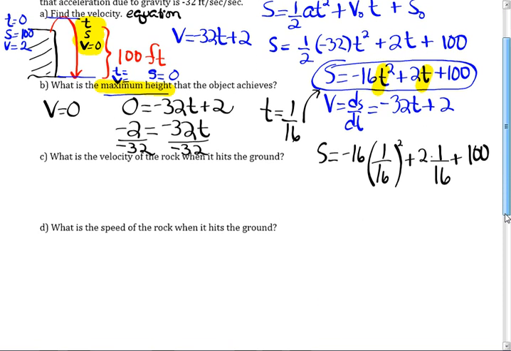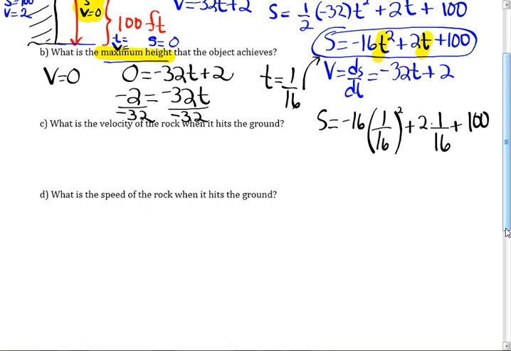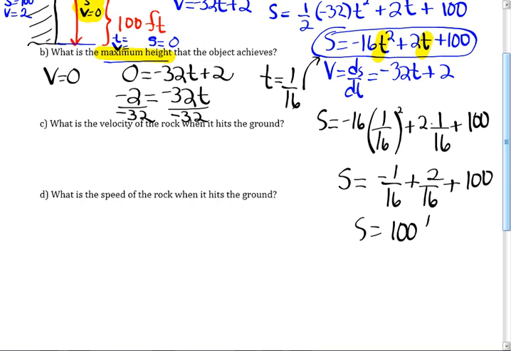Now it turned out nice numbers because the 16 will cancel with one of those, so I'm left with a negative 1/16 plus 2/16 plus 100. So that's going to be s equals 100 and 1/16. So it's not very much, is it? 1/16 of a foot, right? You're up the 100 feet and another 16th of a foot, which is really tiny.